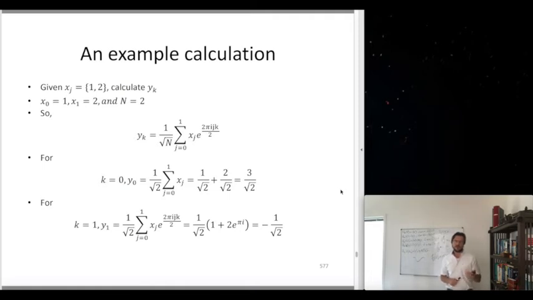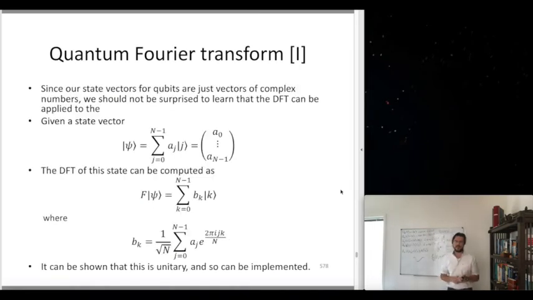So for both components, k equals 0 and k equals 1, you have analyzed the signal, which was given by 1 and 2, and that's the result that you see here. So all in all, it's not too complicated. The formula looks complicated, but it's just plugging in. It's not that difficult.